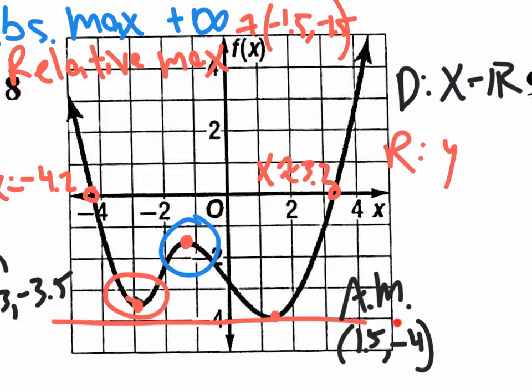What's that lowest point right there? -4. So all of your y's of this graph have to be up here above that -4. So what inequality describes that? It says y is greater than or equal to -4. That's your range. Make sense?